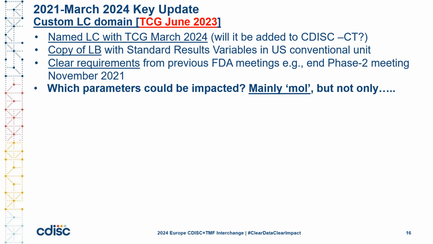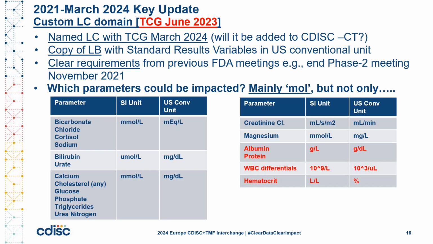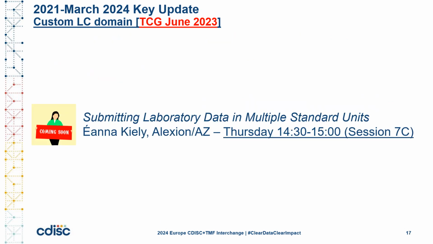It appears to primarily affect laboratory data at the moment. Here is a non-exhaustive list of lab parameters that might be impacted by this requirement. So there could be more, but this is just an example. If you want to know more, do not miss the presentation from Iana tomorrow afternoon, diving into more details and possible SDTM mapping scenarios.